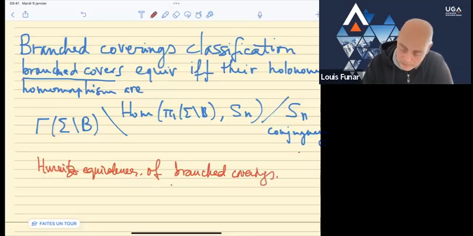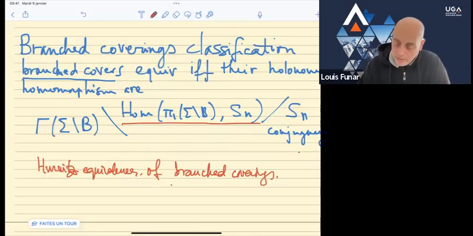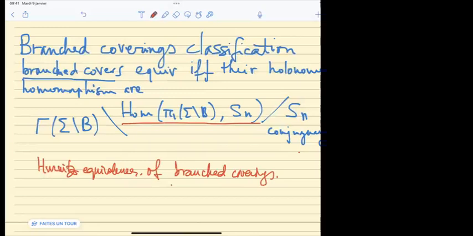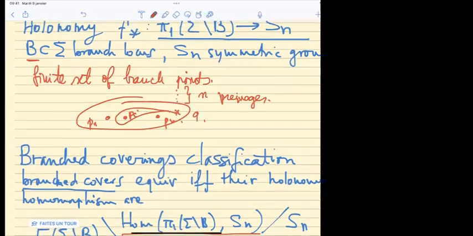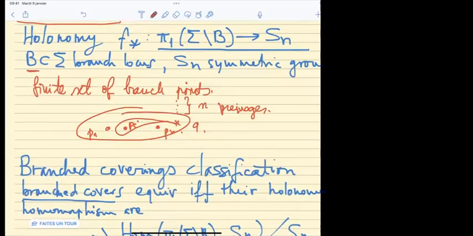So these are the holonomy homomorphisms from pi1 of sigma minus B into the symmetric group of degree n. Sorry, Luis, can I ask? Yeah. If I have another order over a marked point, we have some gauge of this classification, and we will speak only with a fixed number of pre-images over Q, yes?